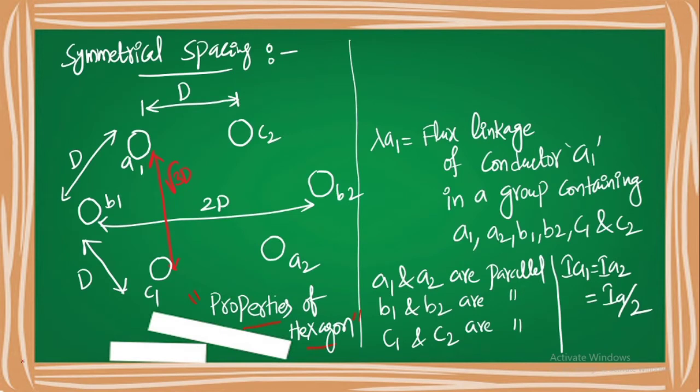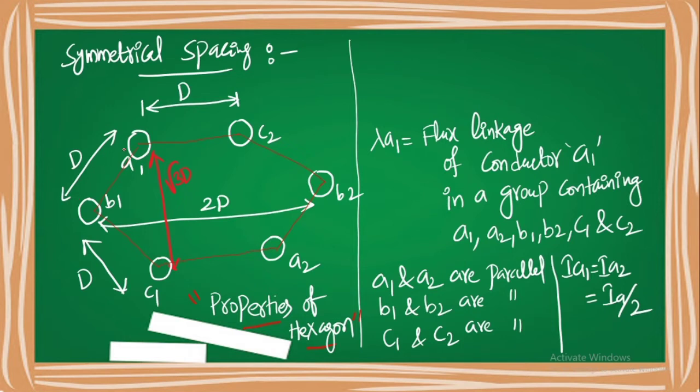Now if you observe, I have drawn the diagram again. These are arranged at the corners of a regular hexagon. A hexagon which has sides of equal lengths, we can call a regular hexagon.